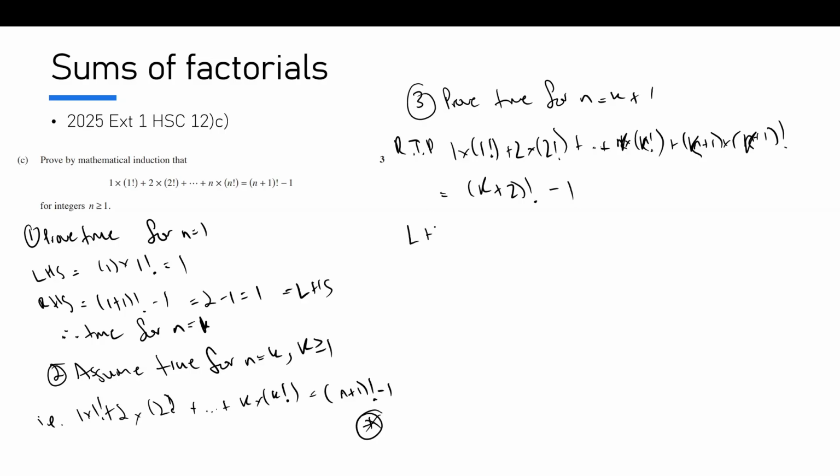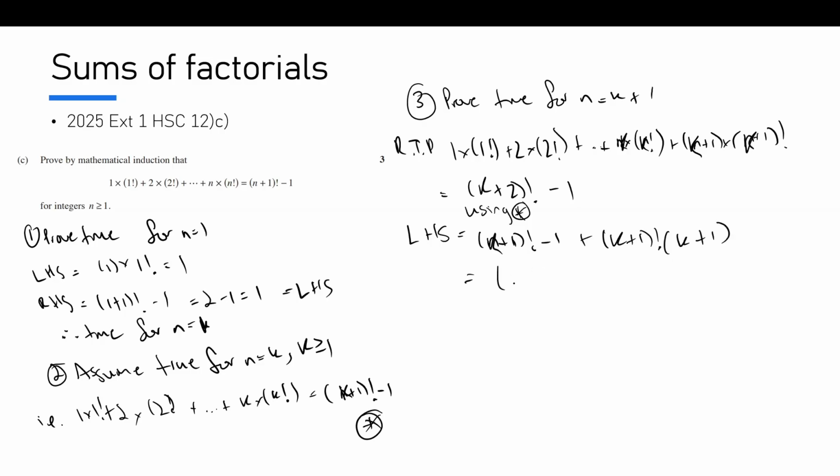So, our left-hand side, using our assumption, is going to now be equal to k plus 1 factorial minus 1 plus k plus 1 factorial times k plus 1.